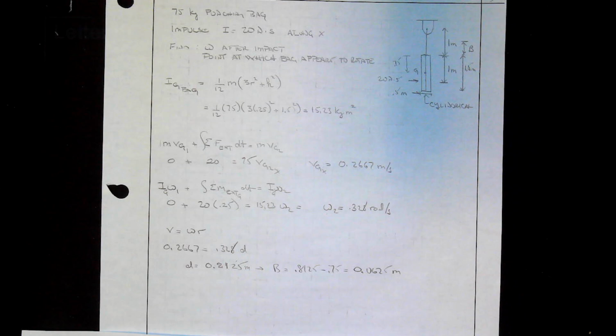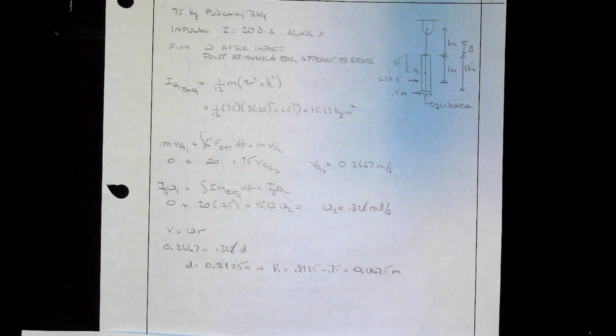Now here we have the sum of all external moments. This impulse comes in due to a force. It's been integrated with time, so it has units of 20 Newton seconds, but it reflects a force. So what I have here is the sum of all moments, taken about G. What would be the integrated moment here?